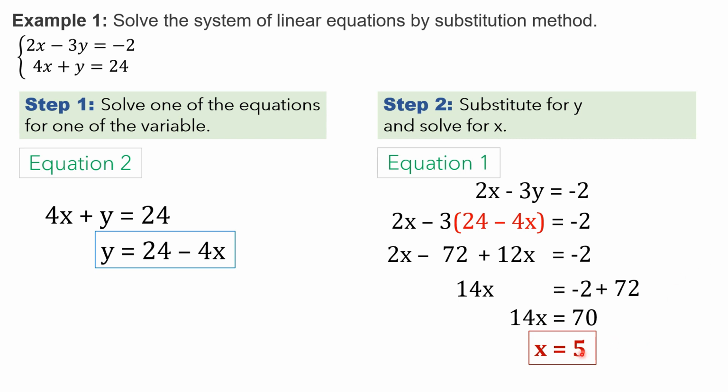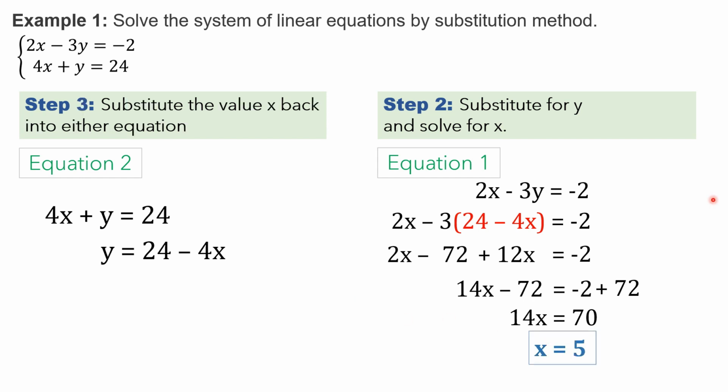Now, since we already have the value for x, we may solve for y. For step 3, substitute the value of x back into either equation. You may use equation 1 or equation 2. Since we have solved for y in equation 2, we may just use this. Okay, so the variable x, which is equal to 5, let's just substitute it with this.